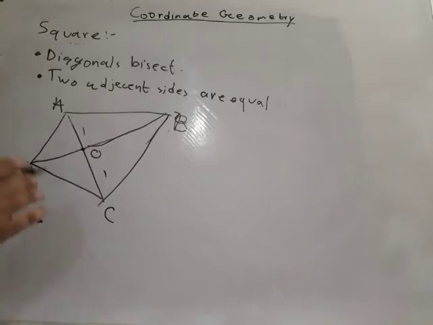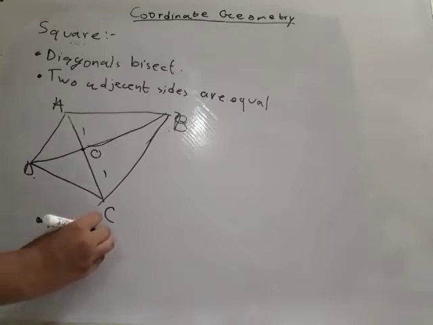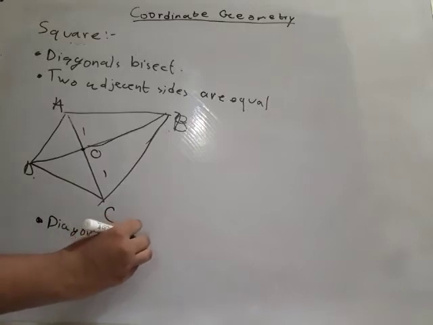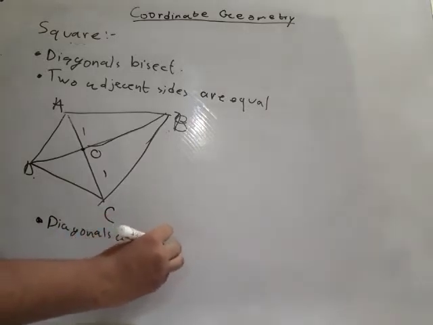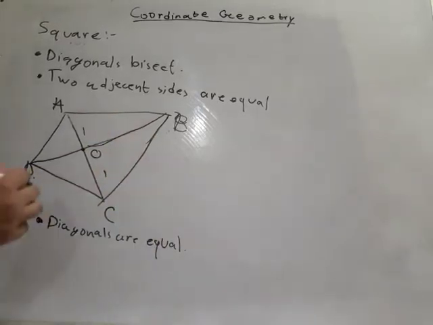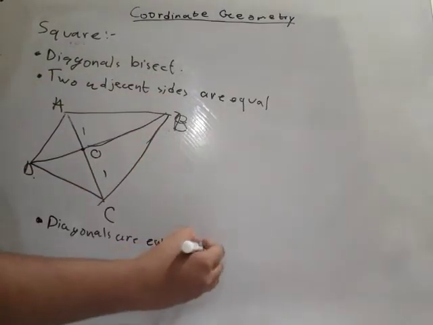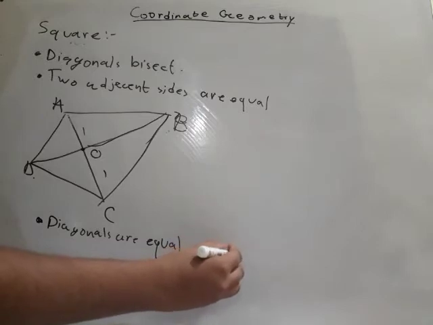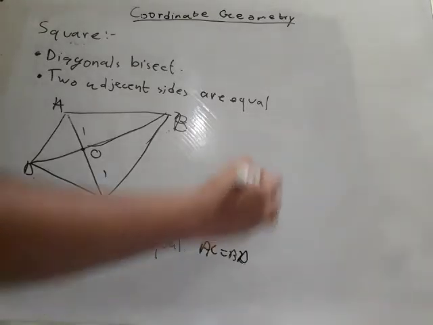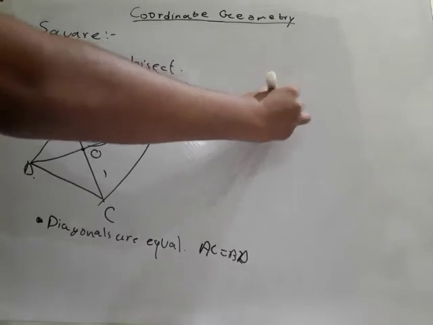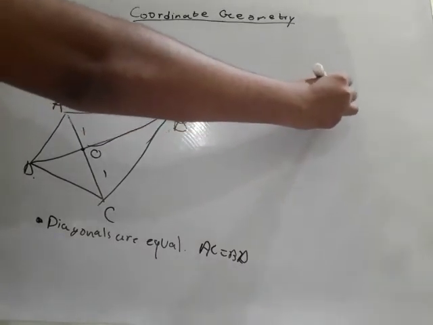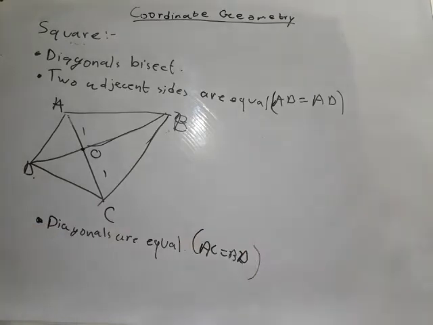And the third property will be that diagonals are also equal. Diagonals are equal means AC equals BD. Here AB equals AD, and here diagonals are equal. So to prove it is a square, we have to follow 3 steps.